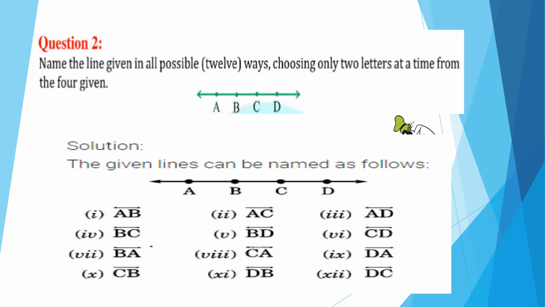Then B to C, BC, B to D is BD, and C to D is CD. Then we take the reverse of these: BA, CA, DA, CB, DB, DC. So these are the 12 names.